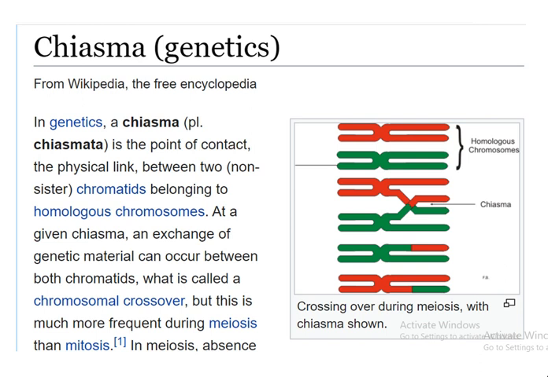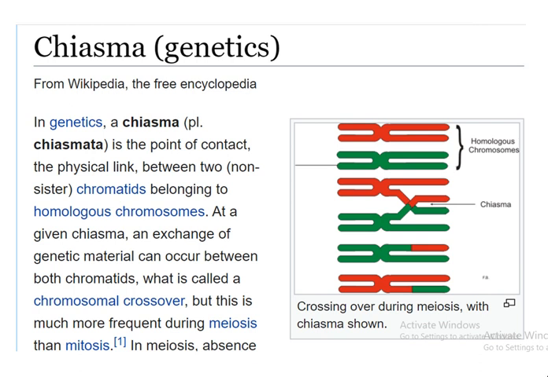Chiasma is the point of contact, as you can see on the right side of the slide, where the red and the green chromosomes are getting united at a certain point, making a shape of X. X means the English alphabet X, and this particular point is known as chiasma.